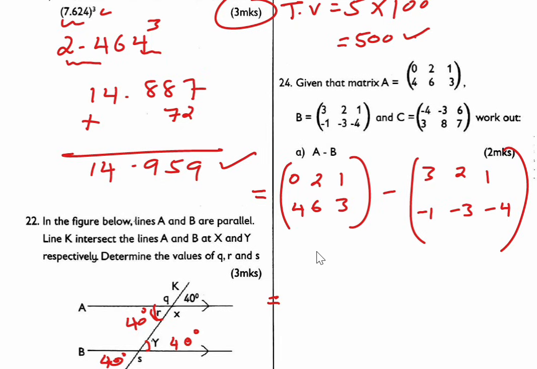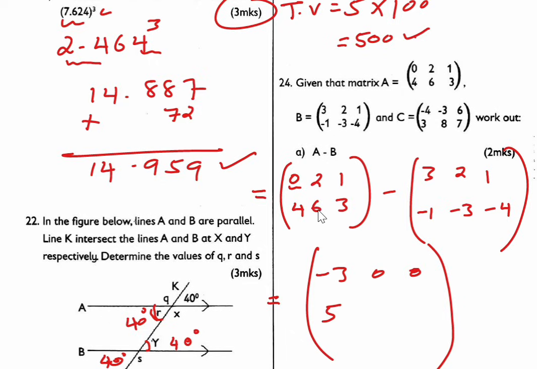So we're going to subtract the respective elements of the matrix. Start with 0 minus 3, get negative 3. Then 2 minus 2, we get 0. 1 minus 1, we get 0. We continue with the bottom row. 4 minus minus 1: minus minus becomes a plus, 4 plus 1 is 5.